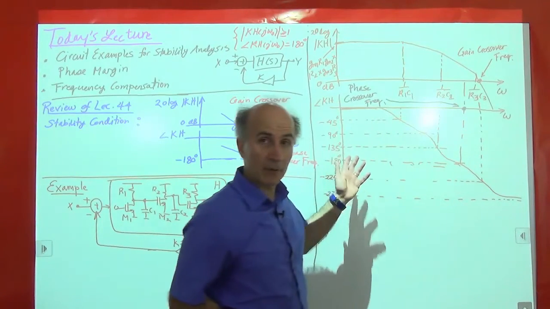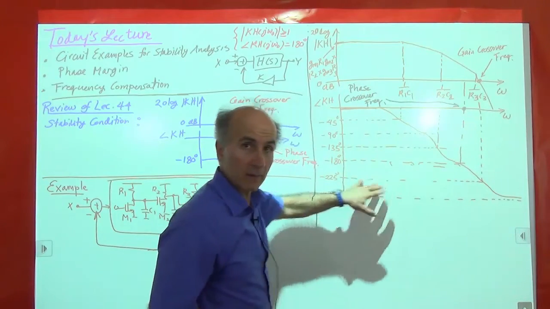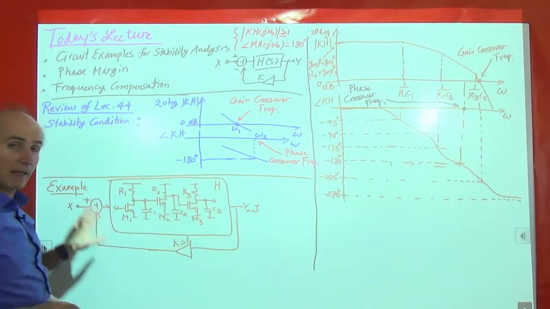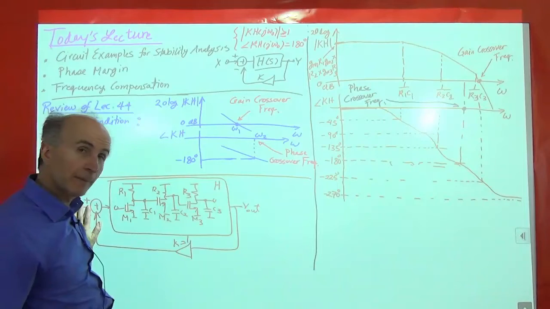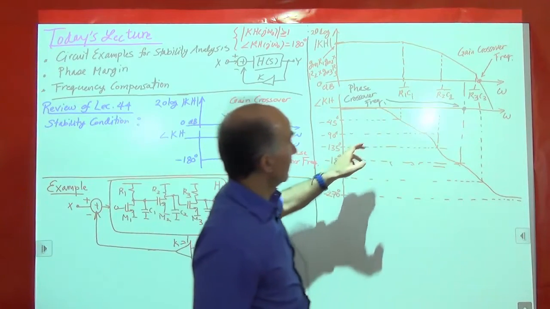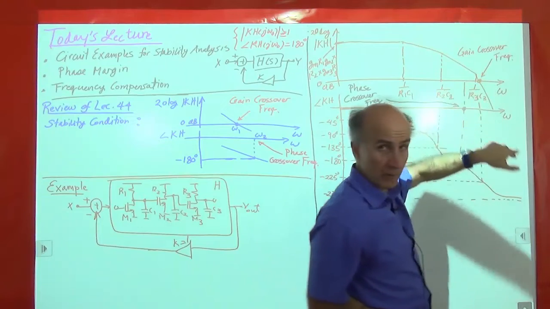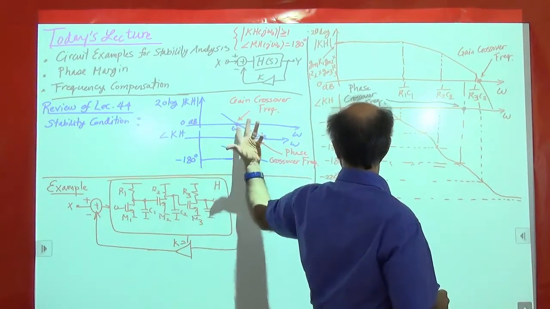So in this example, we see that if I have an amplifier like this, with this type of characteristic, and I place it in this negative feedback system, this negative feedback system will oscillate, right? Because we see that the phase crossover frequency is lower than the gain crossover frequency. The condition of stability was the other way around.